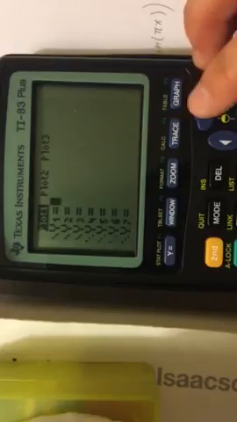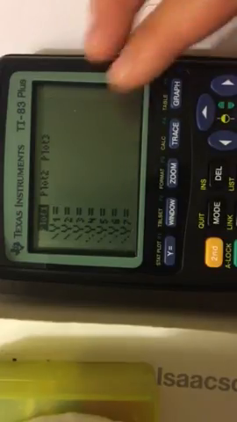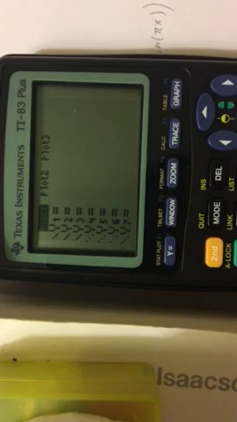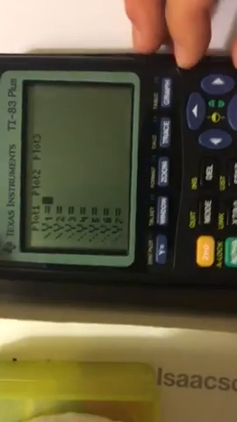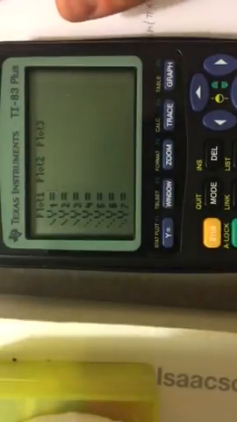So like this is not correct. You need to unhighlight it. So you click enter over here, so it's not highlighting, and then you plug in the equations.